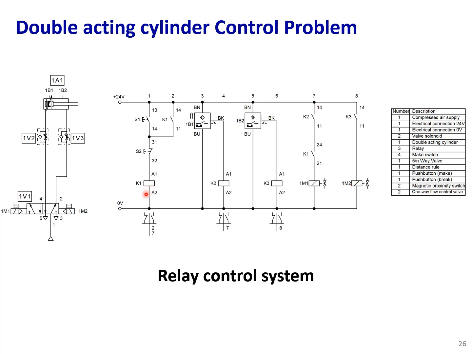For the case of K1 and K2, you see that we have two switches here, S1 and S2, and one of them is start, the other one is stop.